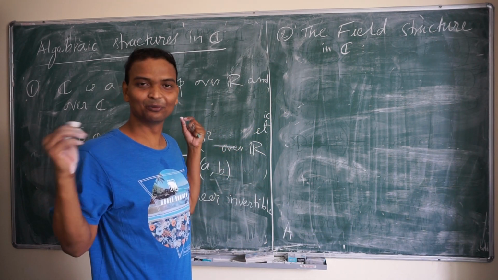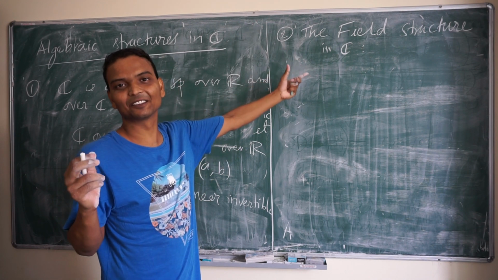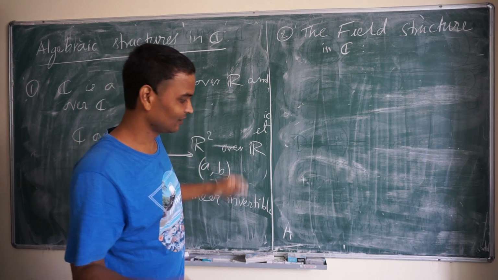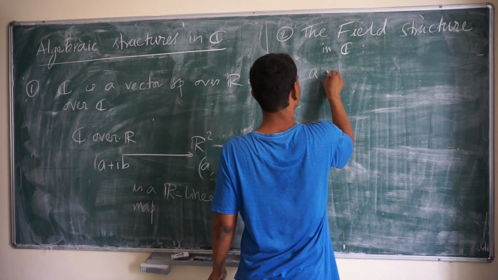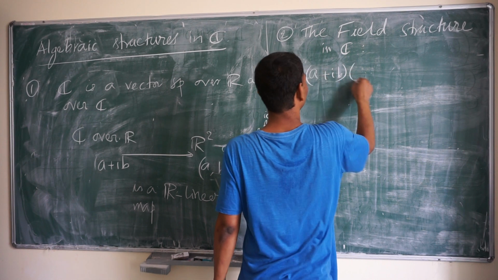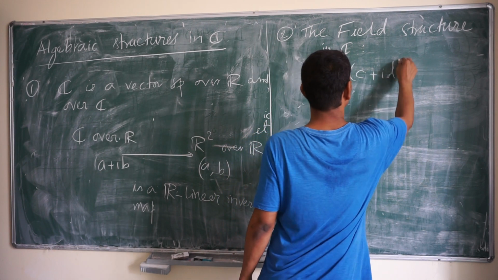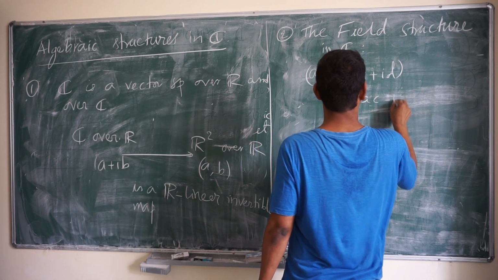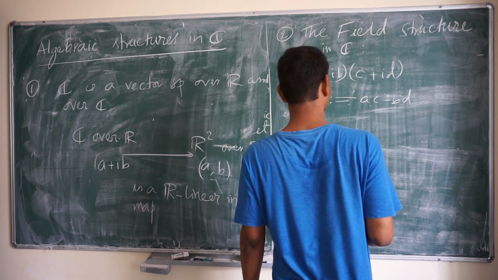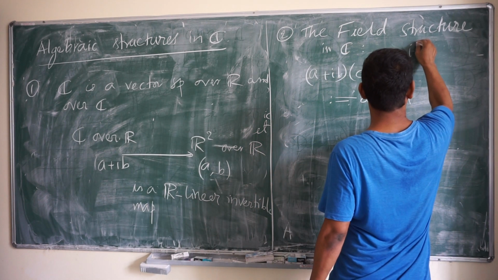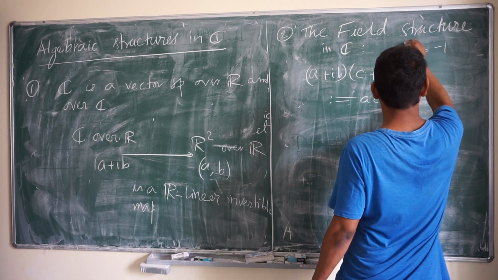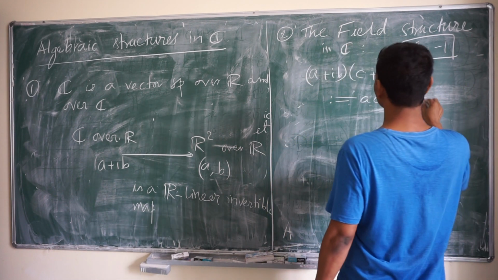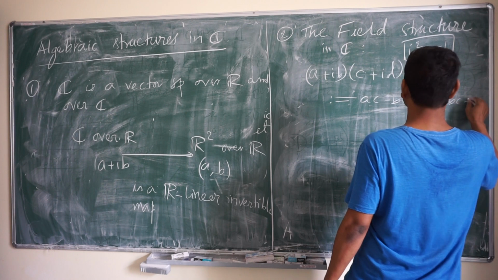R2 has no field structure, but C has. That is a very, very crucial distinction. So you have multiplication between two complex numbers, which is AC minus BD, considering i squared to be minus 1, plus i times (BC plus AD).